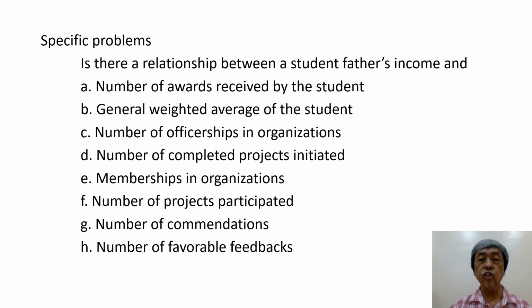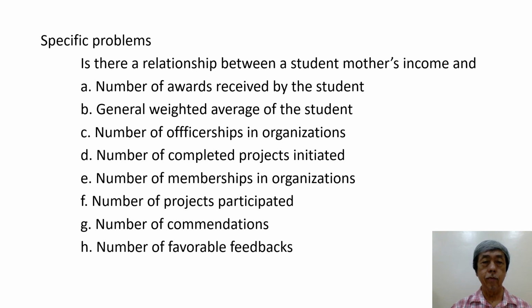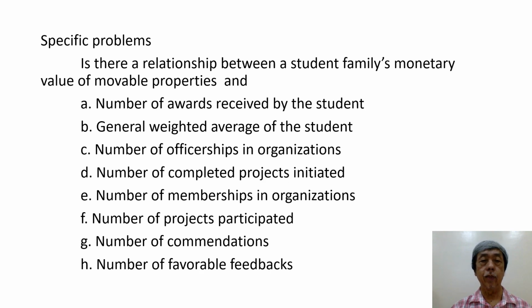Is there a relationship between a student father's income and the 8 indicators of the dependent variable? Is there a relationship between a student mother's income and the 8 indicators of the dependent variable?